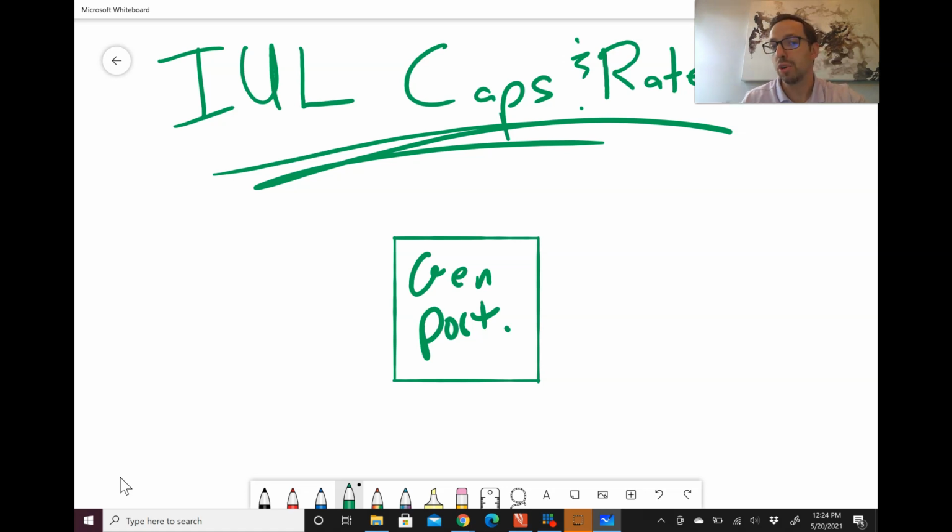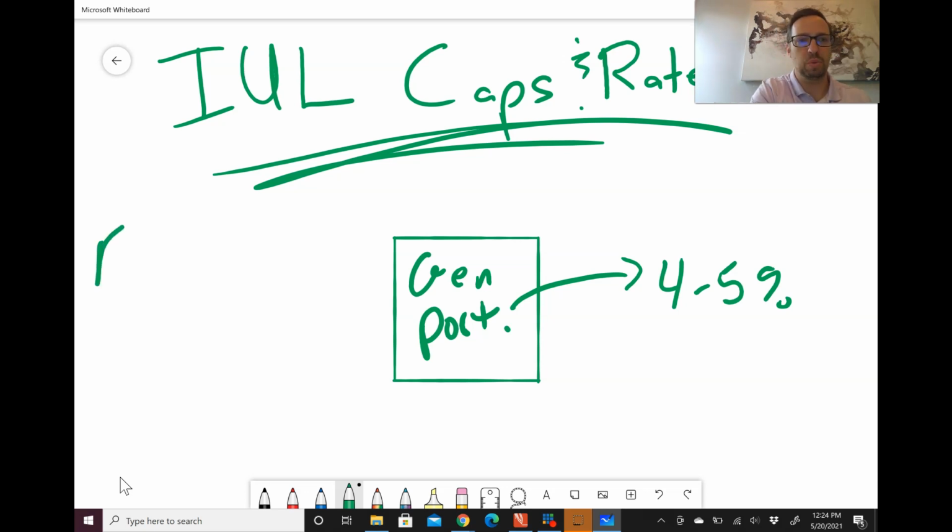Now that general portfolio throws off interest. And right now, most general portfolios on indexed universal life insurance policies are generating anywhere from 4 to 5%. And so how these companies end up setting their caps and rates looks like this. All these policies, they will have a fixed account.